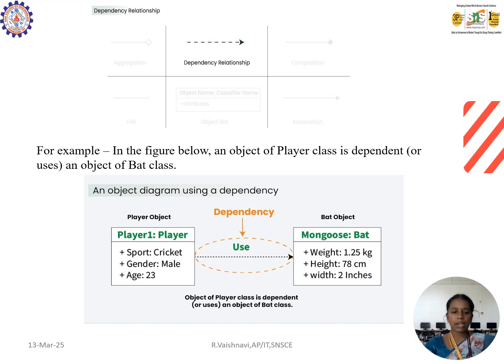In player we have the attributes like sports, that is cricket, gender, that is male, and then age, that is 23. Another object we have is the bat. Here we have details about the bat, that is mangoes. Weight of the bat will be 1.25 kg, and the height and then width. The dependency that we use between the object player and the bat, we call it dependency.